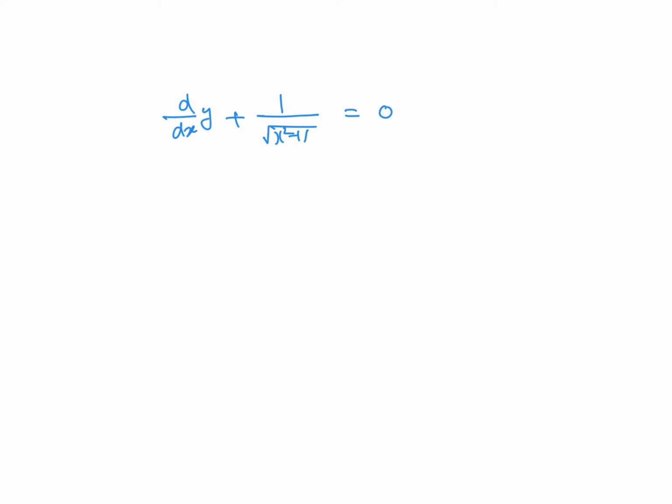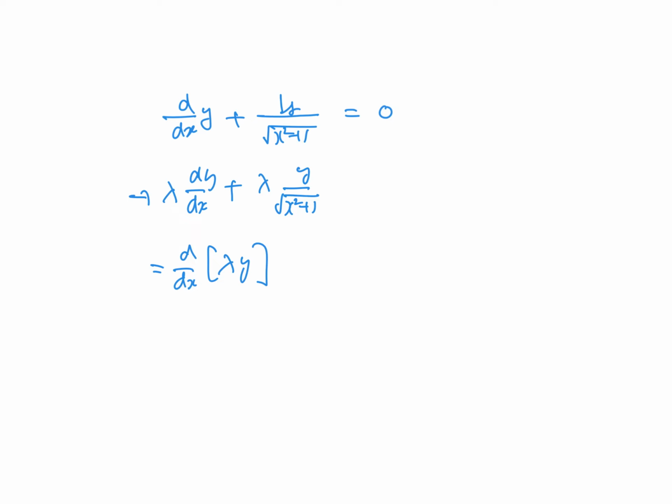Zero y. So we can transform this by using this way. So lambda dy/dx plus lambda y is actually the same as d/dx of lambda y.